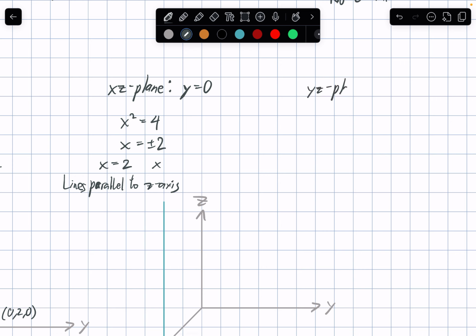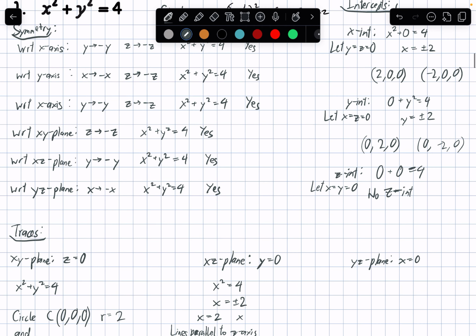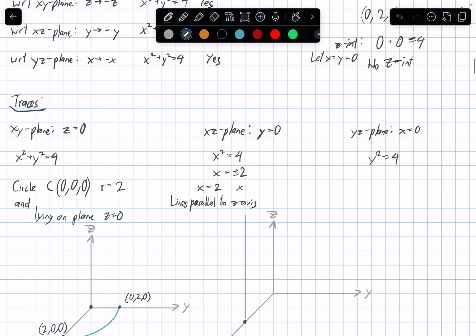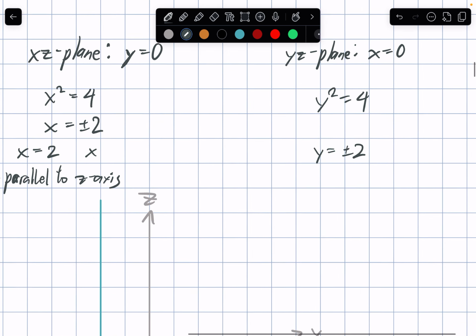For the yz plane, x is equal to 0. So y squared is equal to 4. This is what we end up with. Okay.